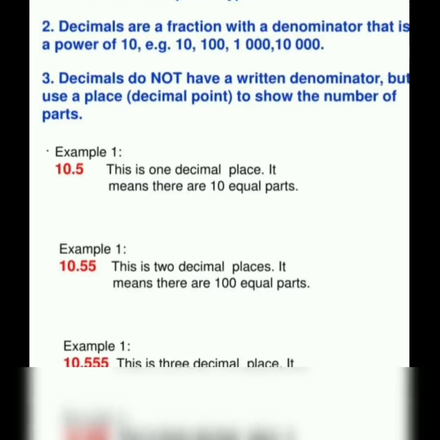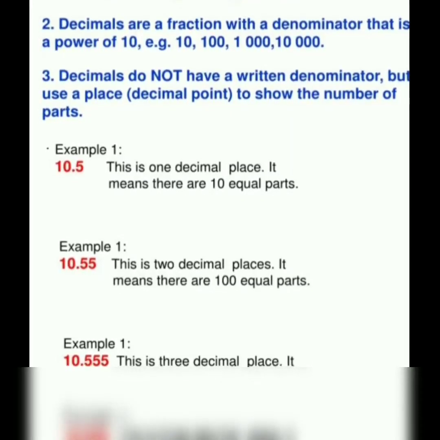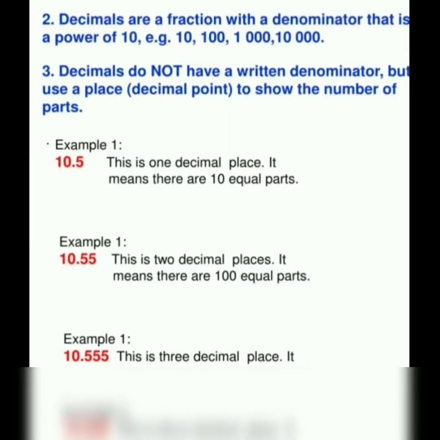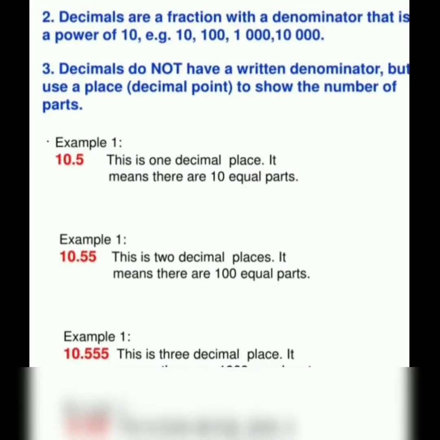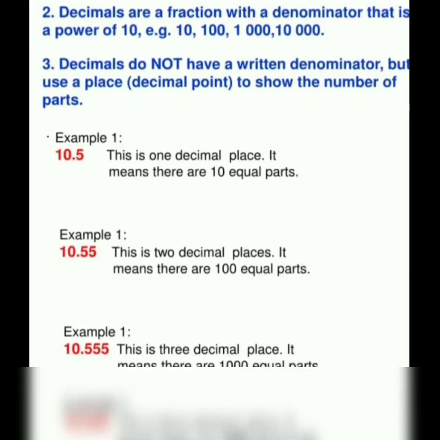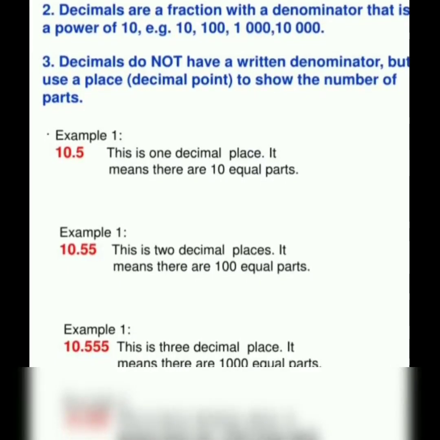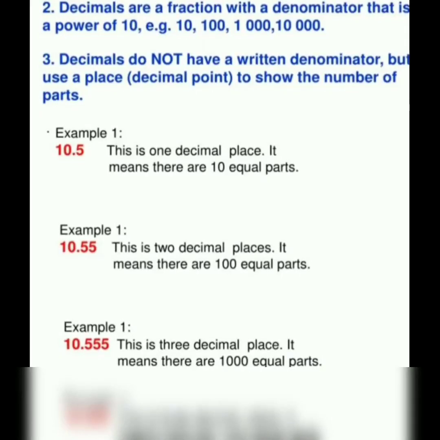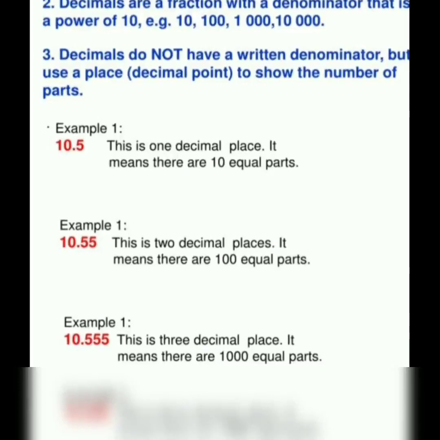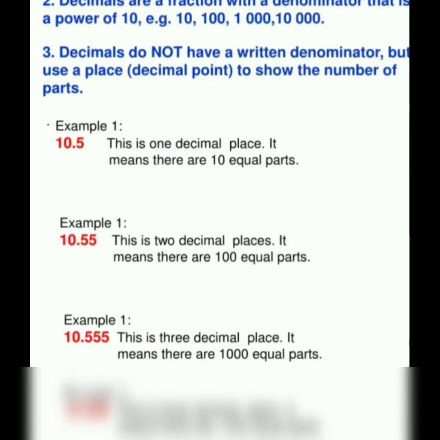Here there are two decimal places, which means 100 equal parts. 10.555. There are 3 decimal places, it means there are 1000 equal parts. So students, like this you can represent a decimal number after the decimal point. So I hope you all have understood what is decimal.